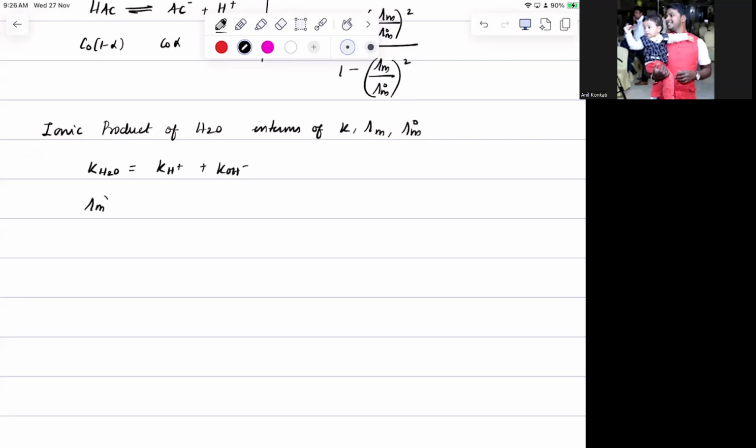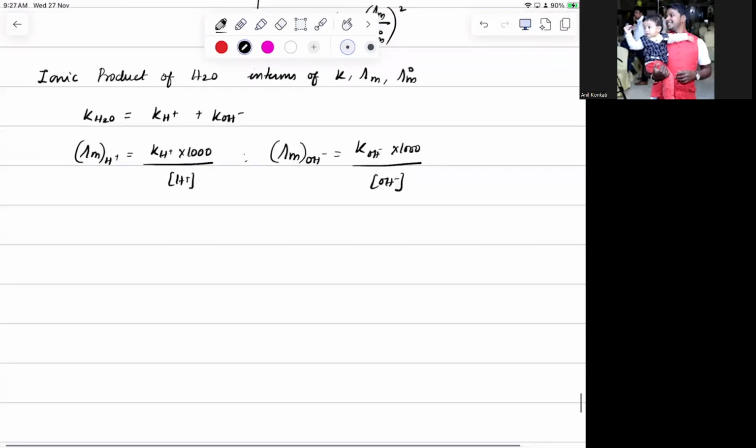So lambda m of H plus can be written as kappa of H plus into 1000 divided by concentration of H plus. Similarly, lambda m of OH minus will be kappa of OH minus into 1000 divided by concentration of OH minus.